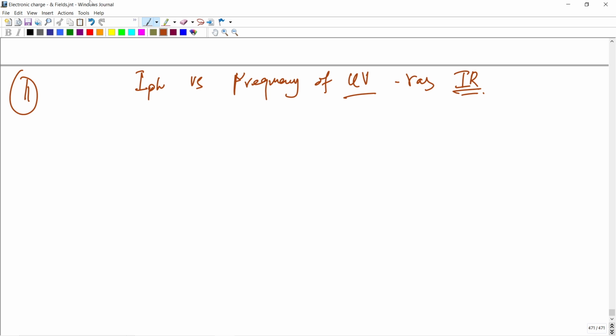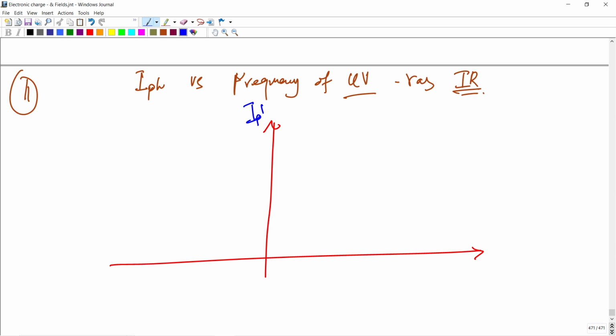Here is the diagram, with photocurrent on one axis and the collector plate potential on the other.